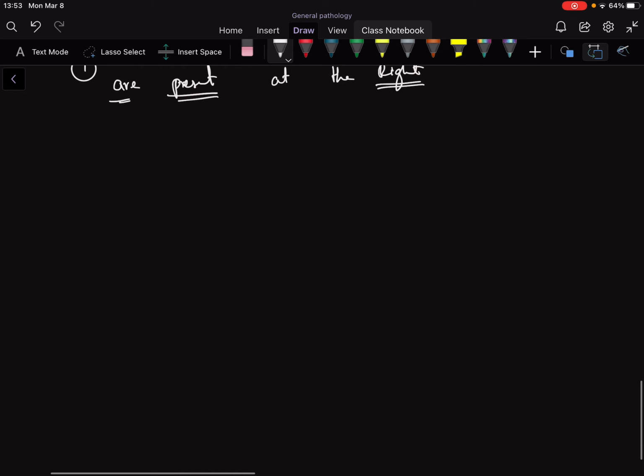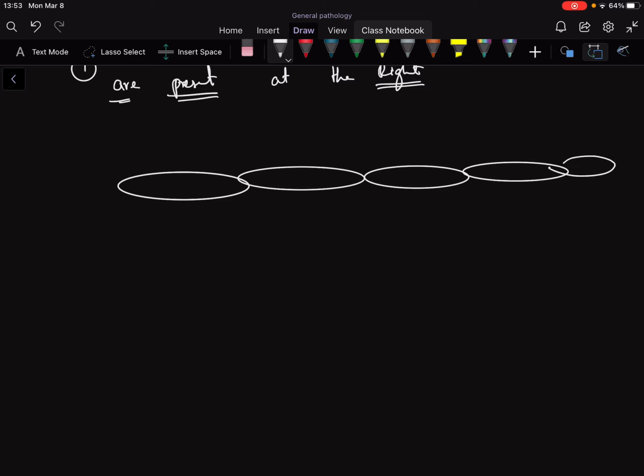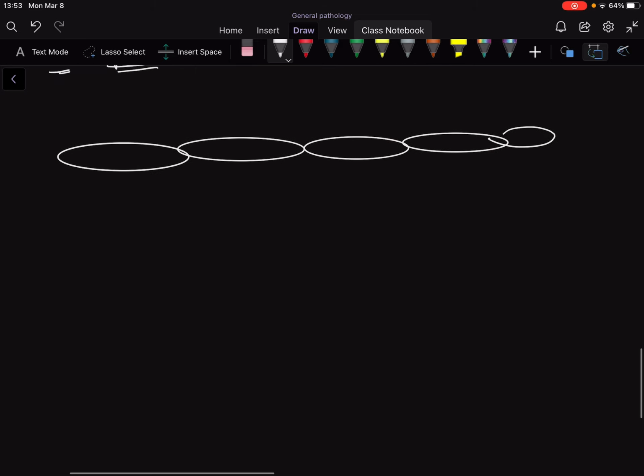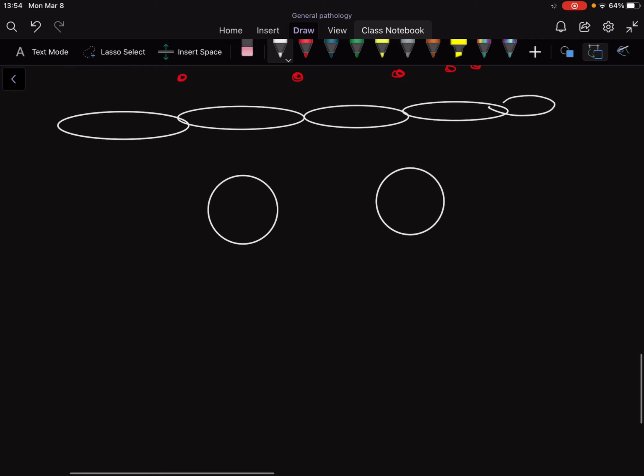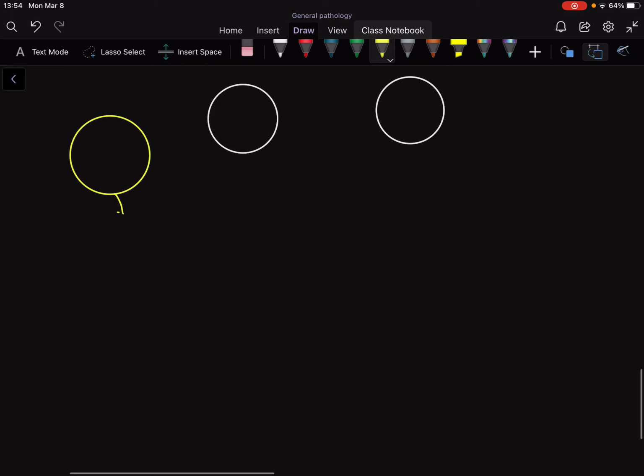Suppose this is the skin here, and this is the epidermis of the skin, and these are the outside microbes sitting on the skin, and below this epidermis there are these dendritic cells. Not only dendritic cells, there are cells which are immature. These yellow color cells are called immature dendritic cells.